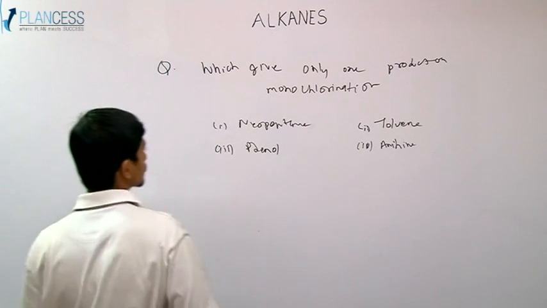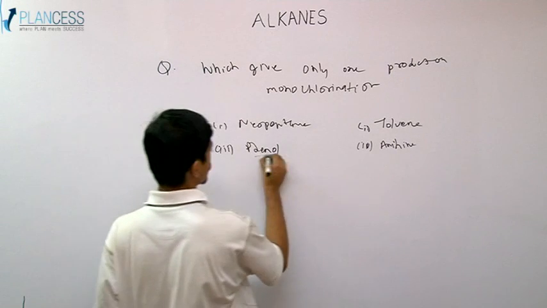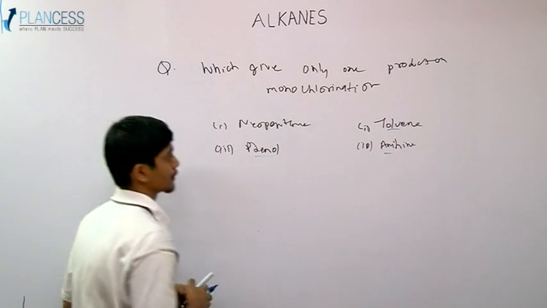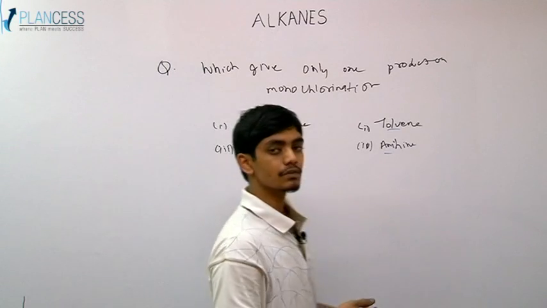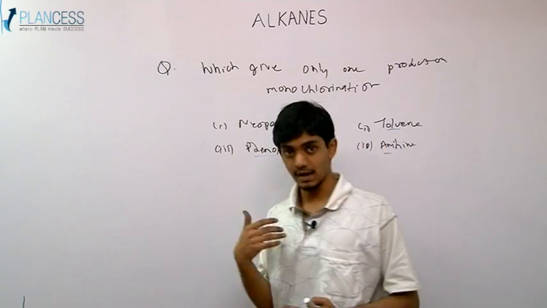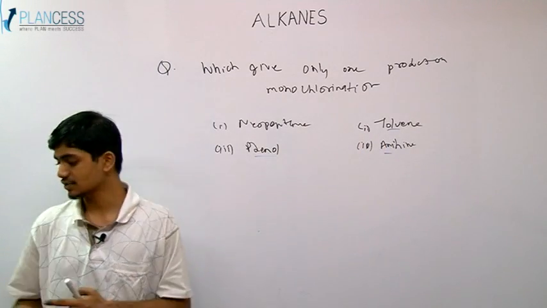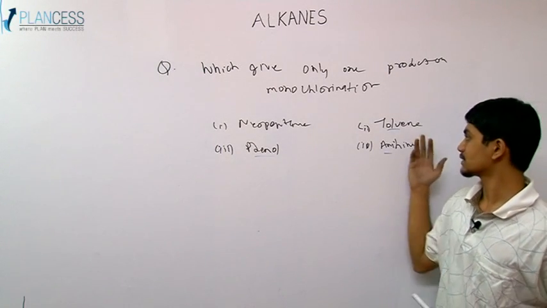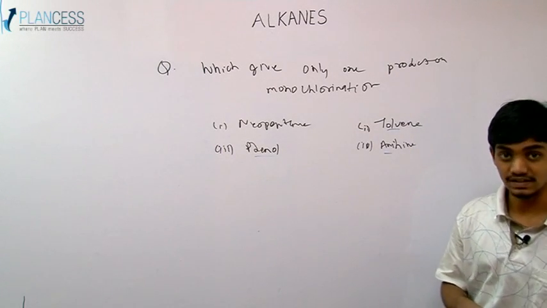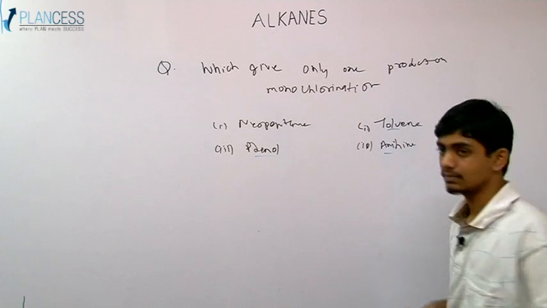Now, first of all, how do you get monochlorination in these three compounds? Neopentane is fine because it is an alkane, and we know that monochlorination does happen on alkanes. We have seen the reaction also, we have seen the mechanism too. But how does monochlorination happen in these cases? Let us see.